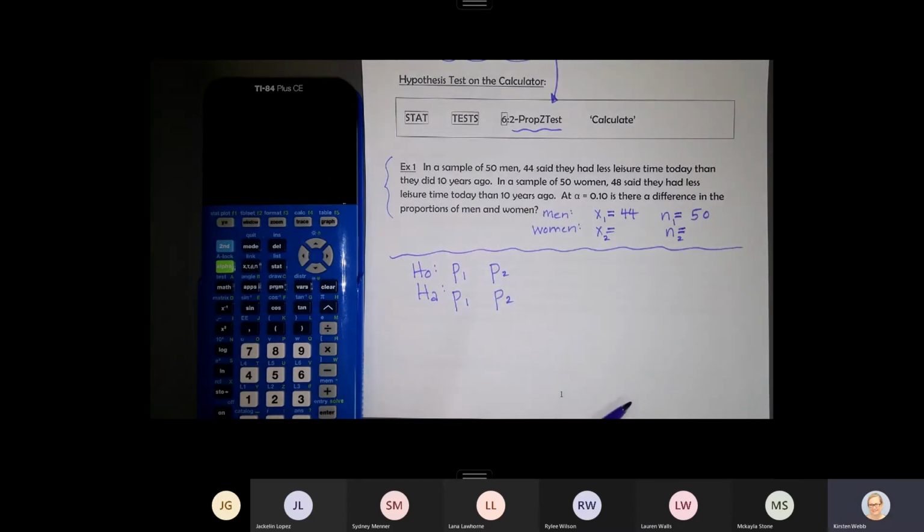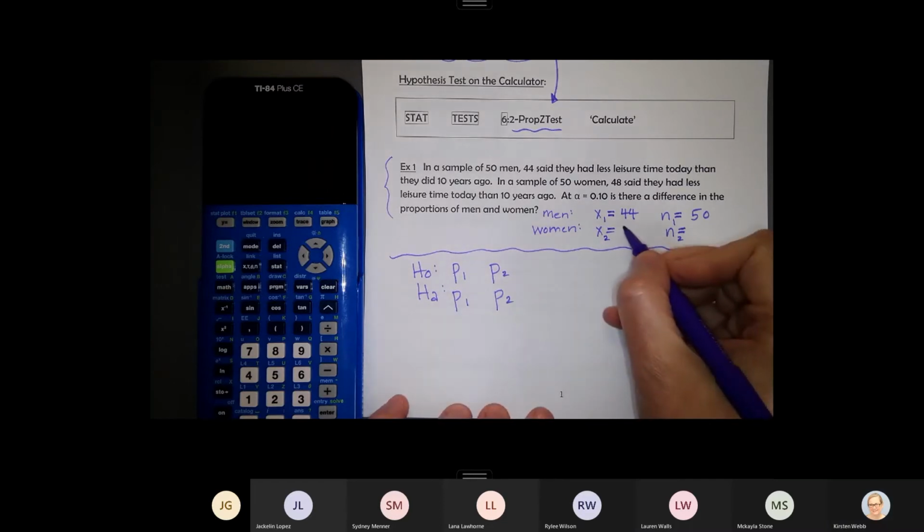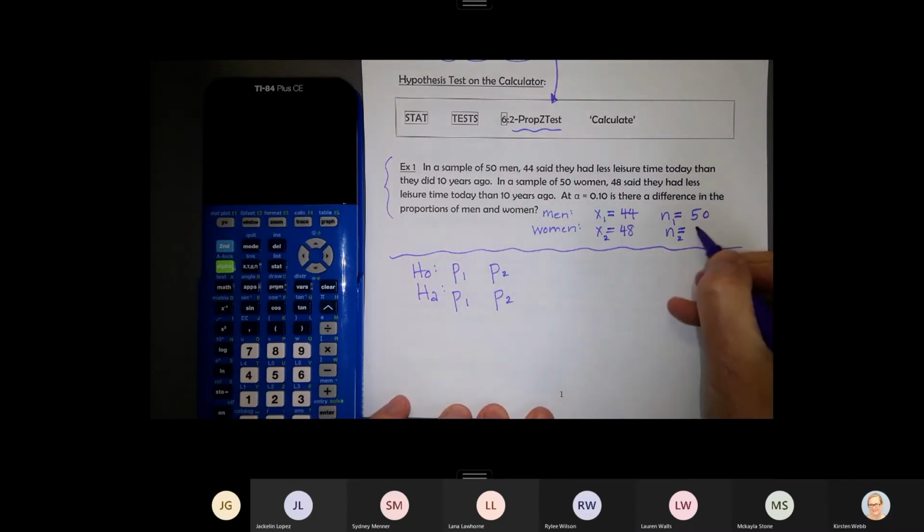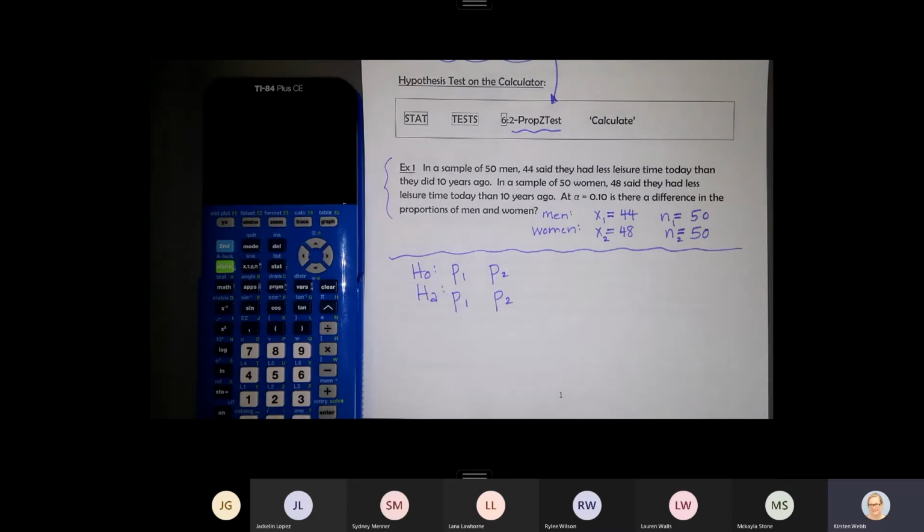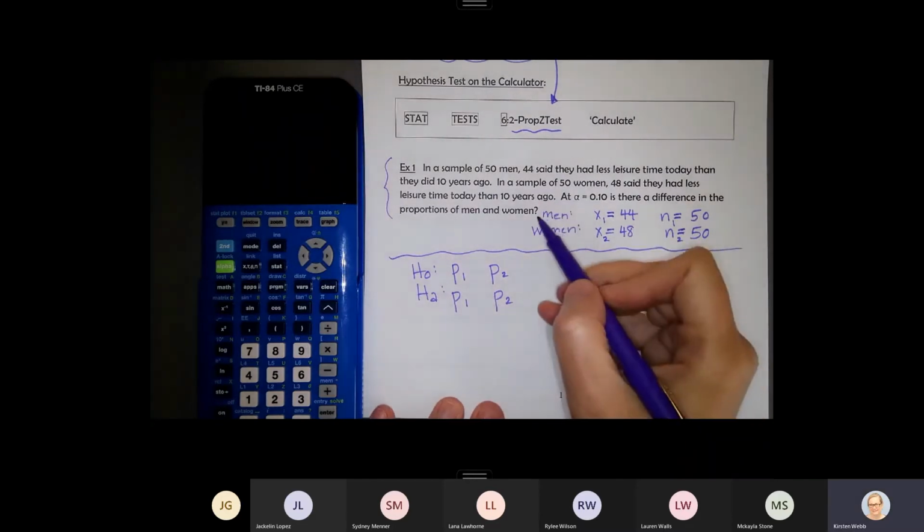We should have a similar set of numbers for the women. Might take a second to see if you can fill those in.